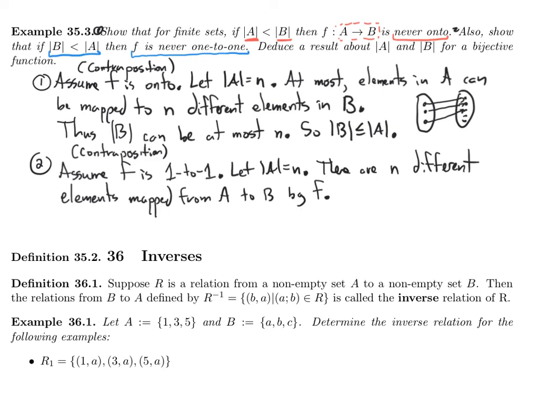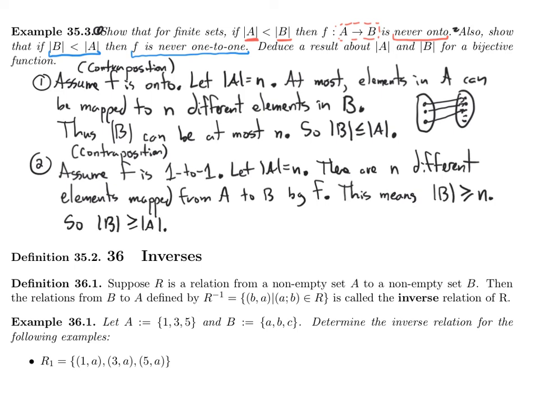So we know if we have a function here, because it's 1-to-1, each element is mapped to a unique element in B. So B has to be at least the size of A. This means that the size of B is at least the size of A, which we called n. So we have that the size of B is greater than or equal to the size of A.